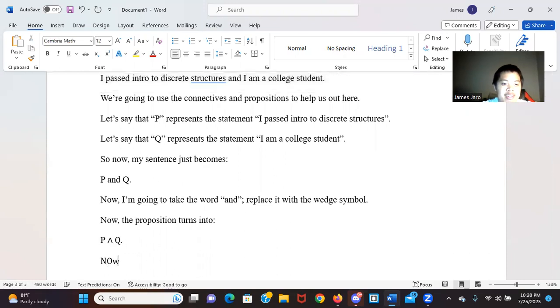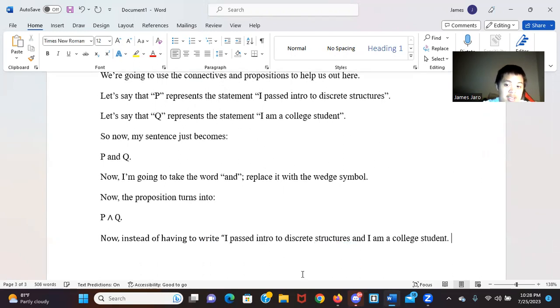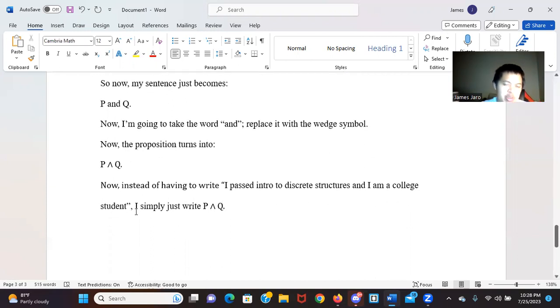So now instead of having to write the sentence, I passed introduction to discrete structures and I'm a college student, I simply write P wedge Q, which is miles and eons better than what we had to write.